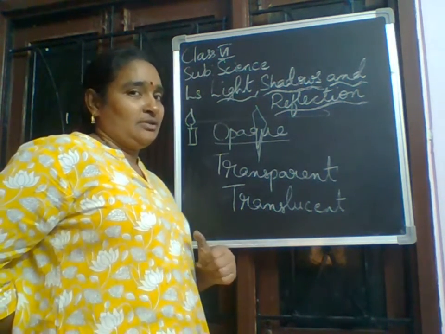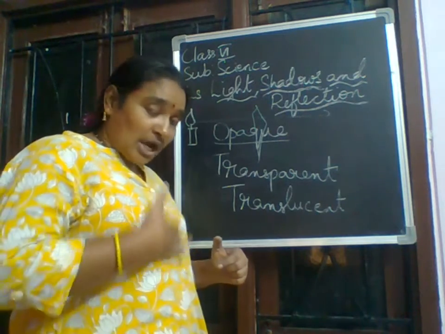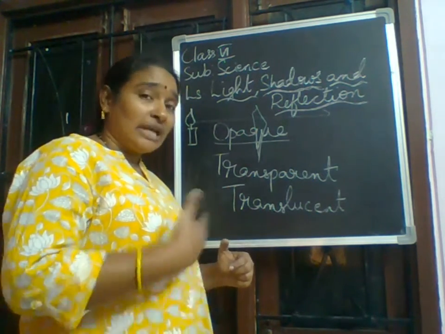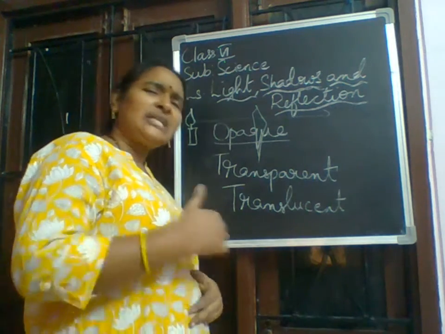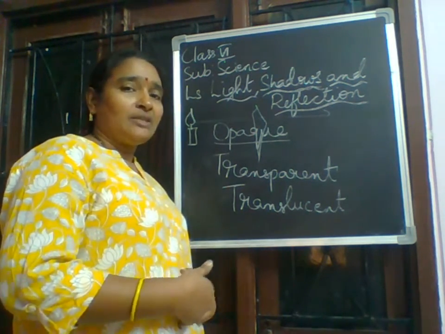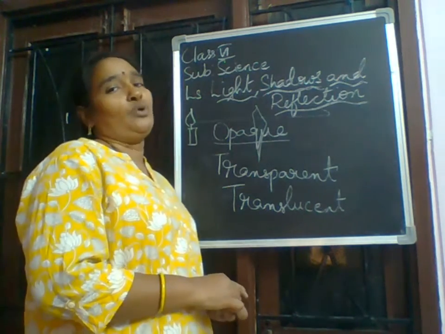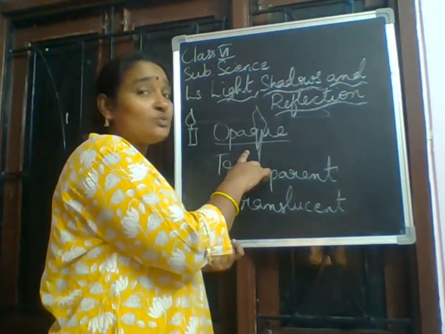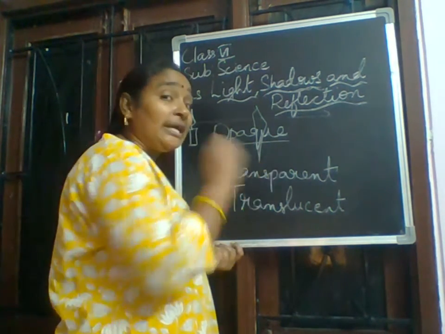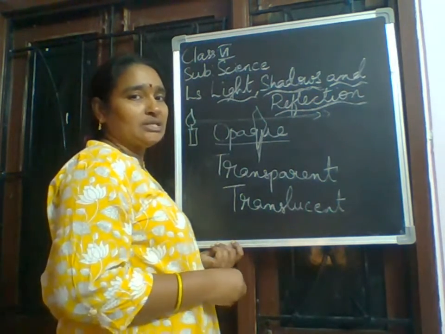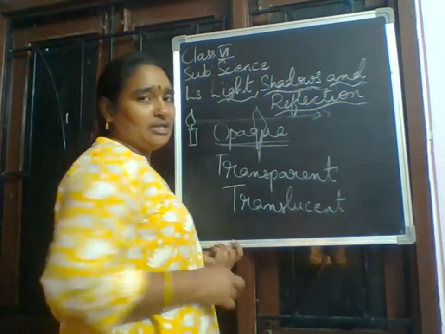You ask. It won't. Why? Because our body will stop the flame or light of the candle right there. The candle burns, but you cannot see the light penetrating our body. So the materials which do not allow light to pass through them are called opaque materials.